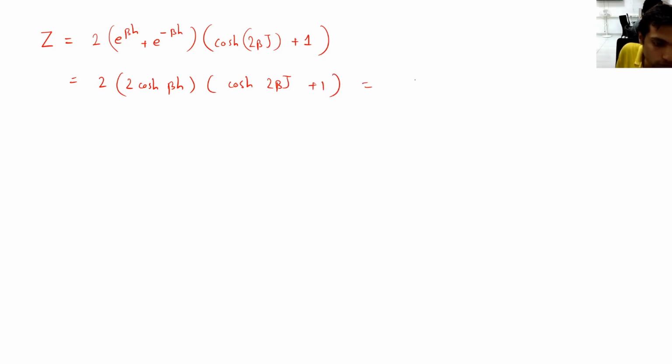So what you have is 4 cos hyperbolic beta h cos hyperbolic 2 beta j plus 1.